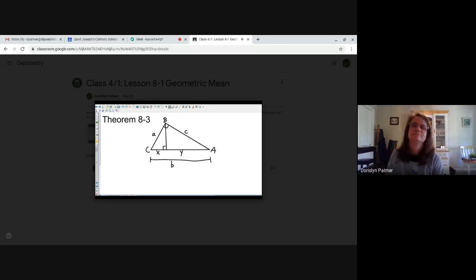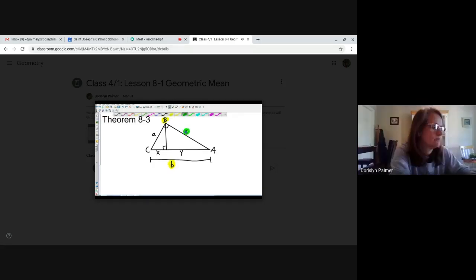All right, this is a crazy little creation. Notice that the angles are in capital letters and the sides are in lowercase letters, and they correspond to the opposite. Angle B, the opposite side is b. Angle C, the opposite side is c.